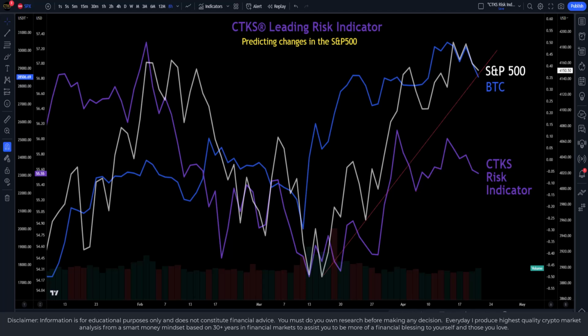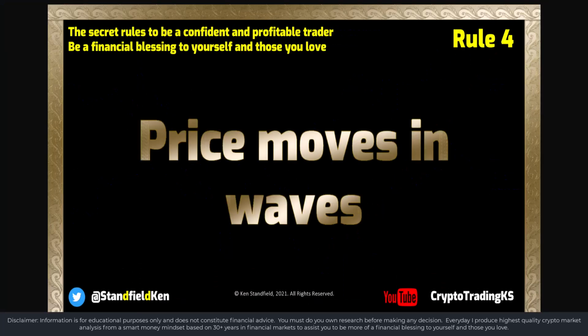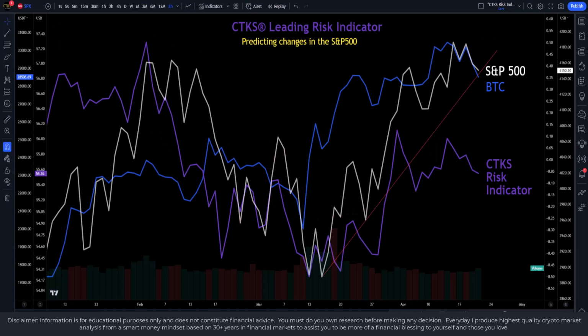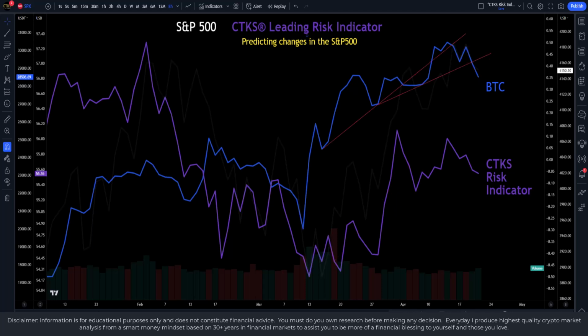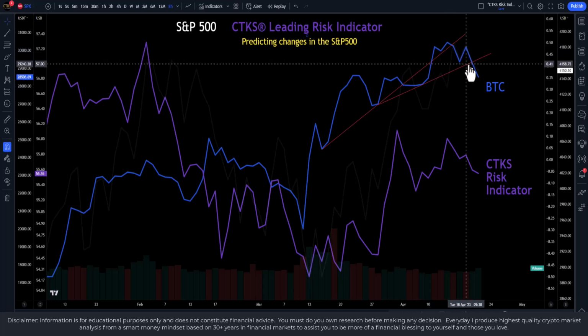One thing to understand, price is always moving in a wave. That's rule 4. The S&P 500 is actually coming up to a short-term, temporary support level. It'll be interesting to see what happens from here. Unfortunately, with Bitcoin, it's throwing a different message. Bitcoin recently has cut multiple times.